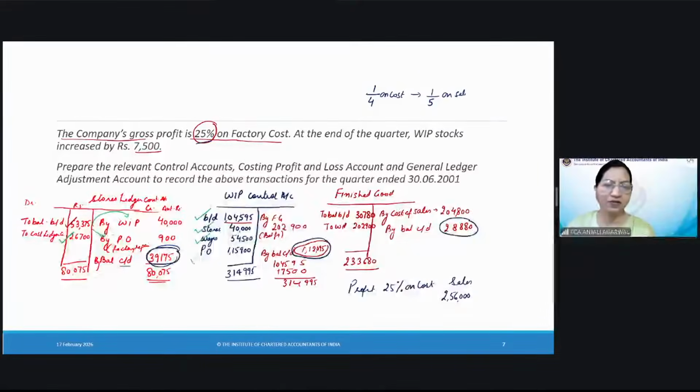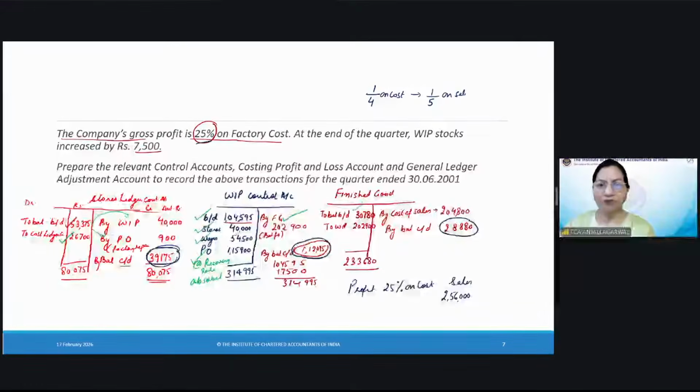Otherwise, they would be generally at a recovery rate. So production overheads are absorbed to WIP. So this is all the cost that you have incurred in this year, including the opening balance, out of which whatever gets completed moves to finished goods, and the remaining is the balancing figure.